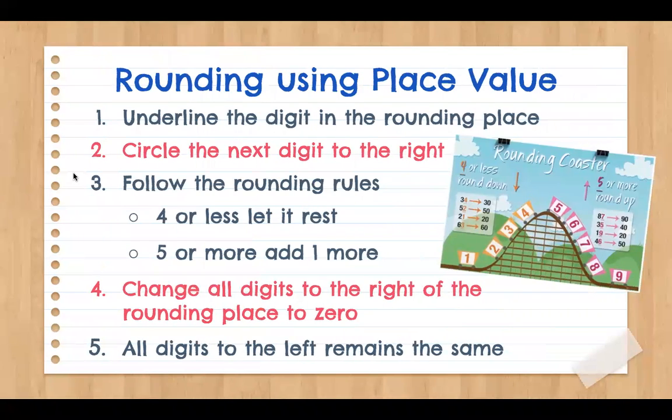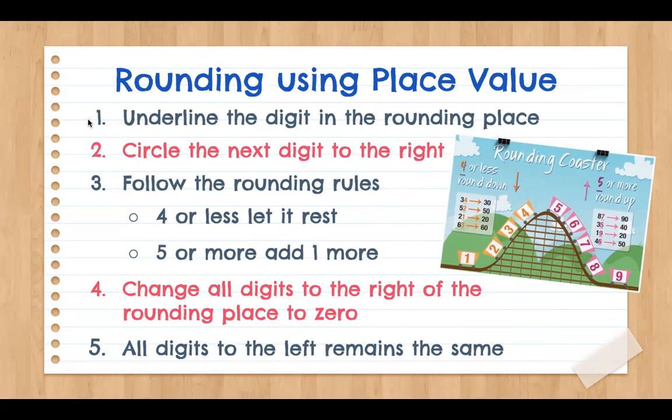So here we have rounding using place value. In order to get into rounding, we have to know certain rules to do the process correctly. There are rules that we have to follow to do the rounding right. Rule number one, underline the digit in the rounding place.